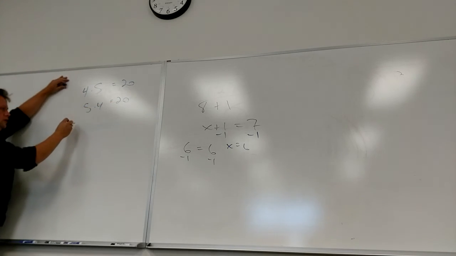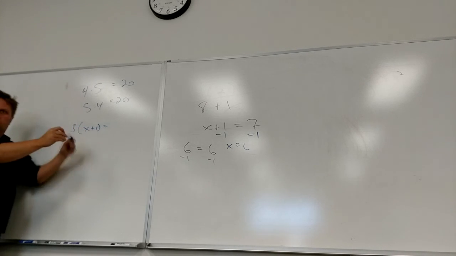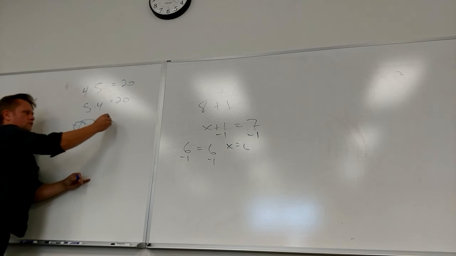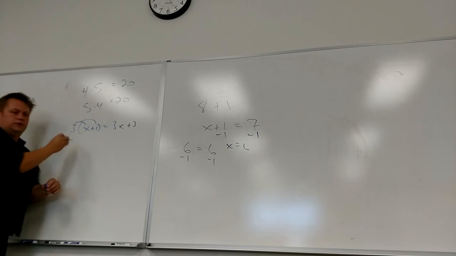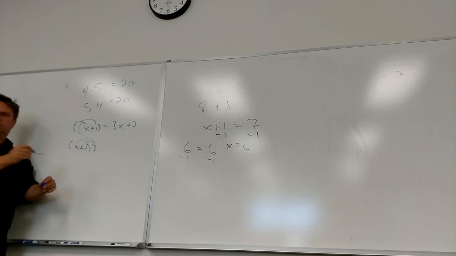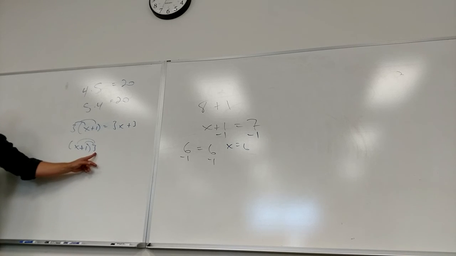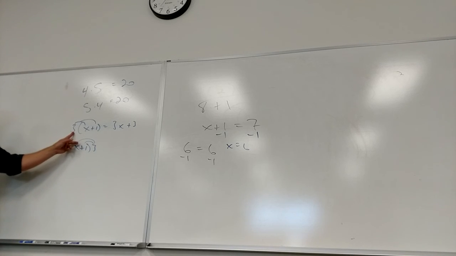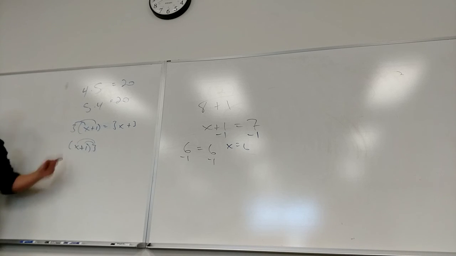So what's 3 times x plus 1? 3x plus 3. All right, so what's x plus 1 times 3? Same. So just because they put something at the end, you normally don't see that because we normally put this as a coefficient. But technically, this means the same thing. It just distributes from that side.